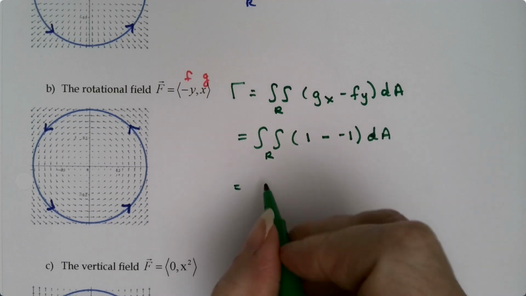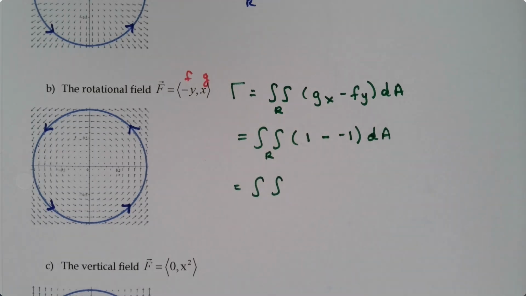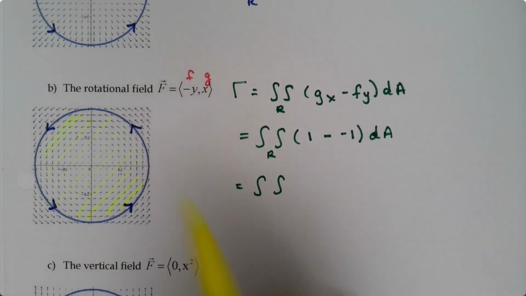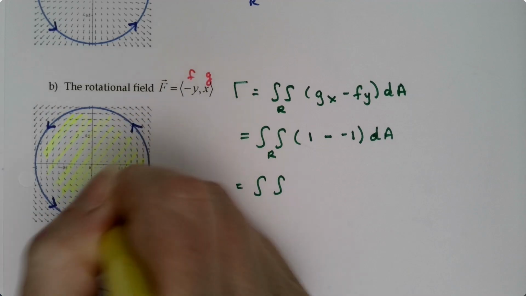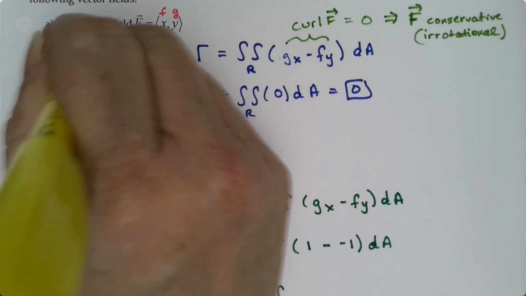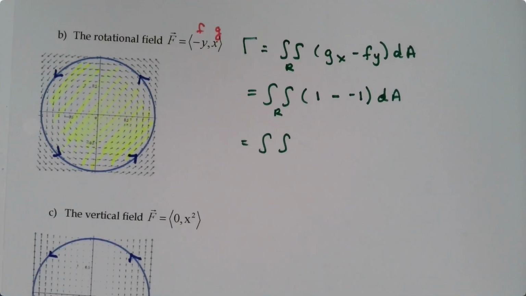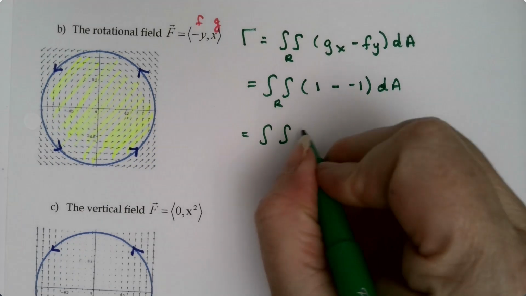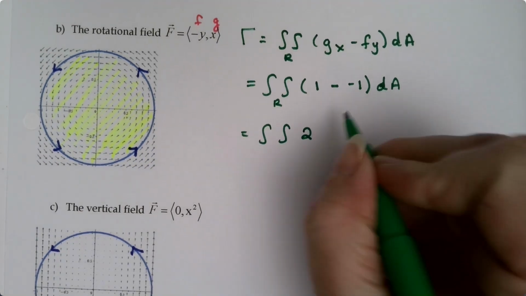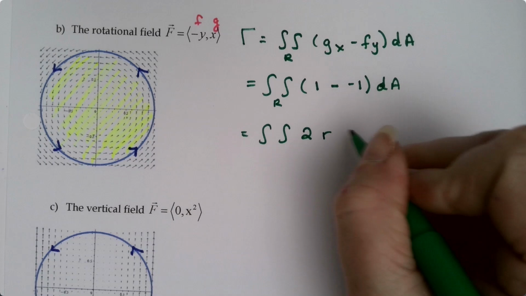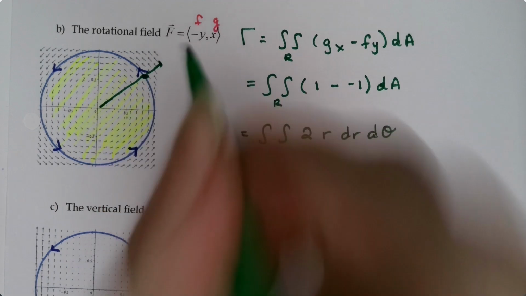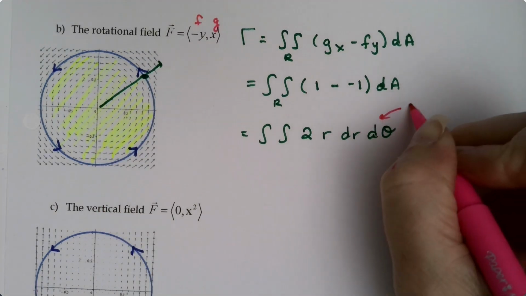Okay, so just thinking about how we want to do a double integral over this region, right? Our region is the interior of this curve. So it's a circle, right? And we learned in the last chapter that for circles, it's a lot easier to work in polar coordinates. So let's switch this from being 2 dy dx, or 2 dx dy, to 2 r dr d theta, because it would be easier to think about polar coordinates.